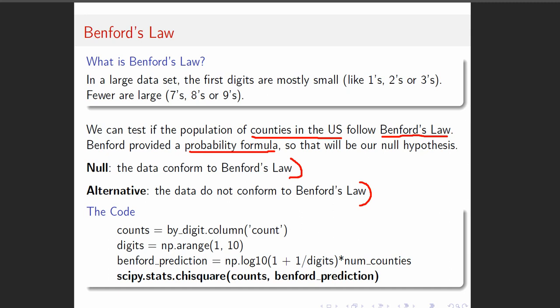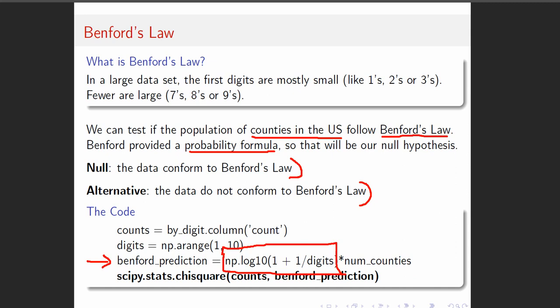So the code that we're going to be using is the calculation of the Benford prediction, using the logarithm of 1 plus 1 divided by the digits, times the number of counties. Why are we doing this? Again, this is our sample size, so we're multiplying by the sample size.